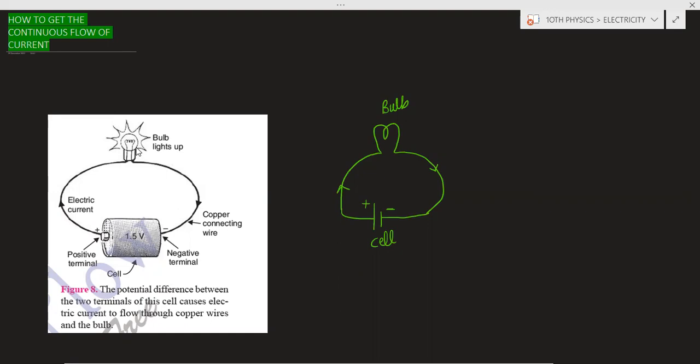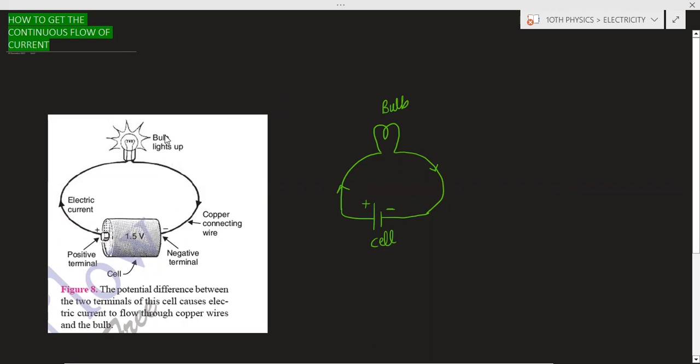These are the continuously usable devices. For these types of devices, there is a continuous flow of the charge, and for that there should be a continuous potential difference, so that the charge will flow.